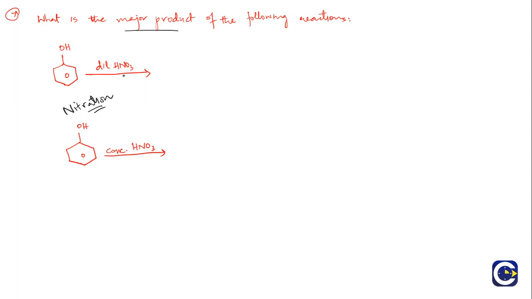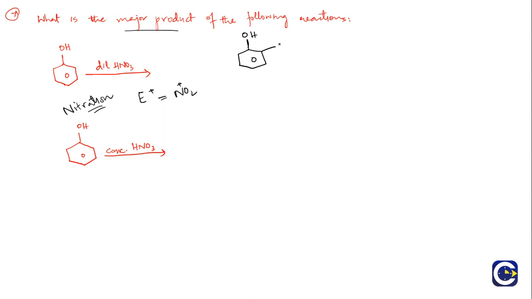In the nitration reaction, the electrophile is NO2 positive. This nitro group will be attached to the ring. So when the phenol reacts with dilute HNO3, we get two products.